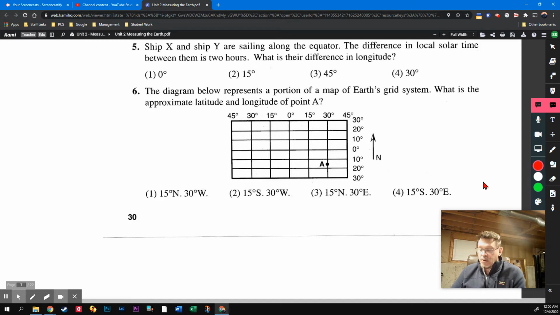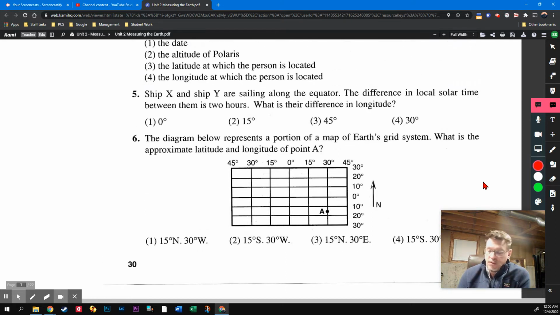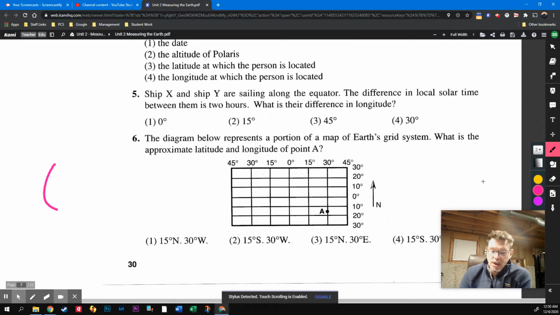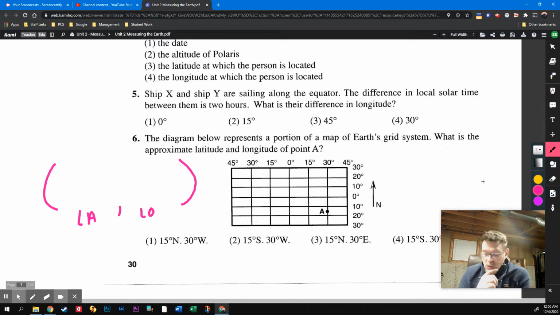All right, we are going to figure out the coordinate pair for location A. I like to think about it the same way that we do with math. We're going to do a coordinate pair, latitude first and then longitude, because they go in alphabetical order.